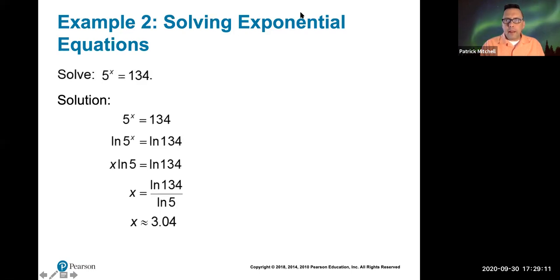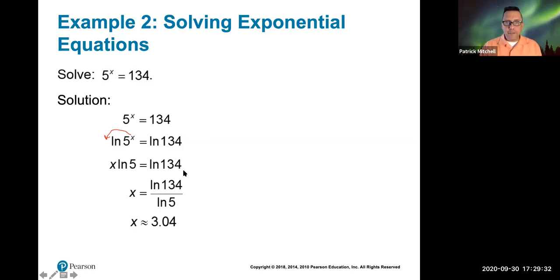And then, let me get my pen here. I'm going to use my power rule, which says that I can take this x and put it out. So that gives me x natural log 5 equals natural log 134.